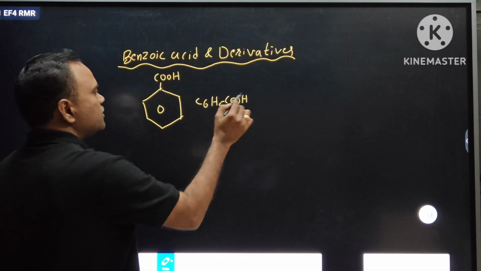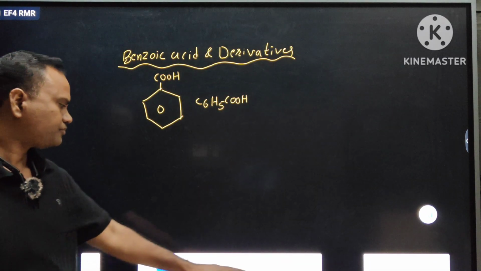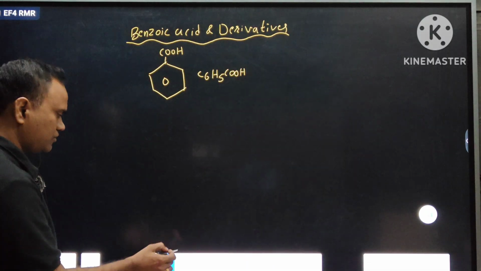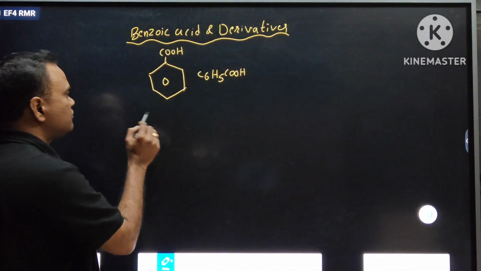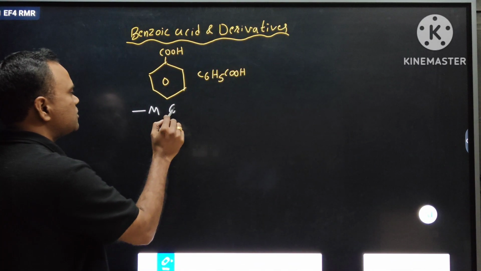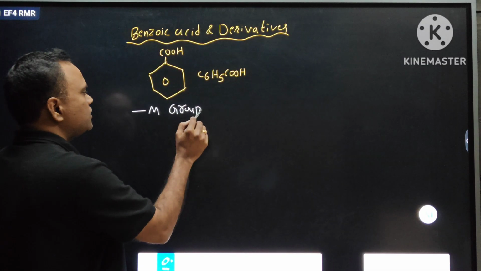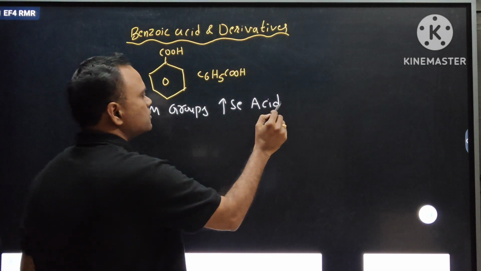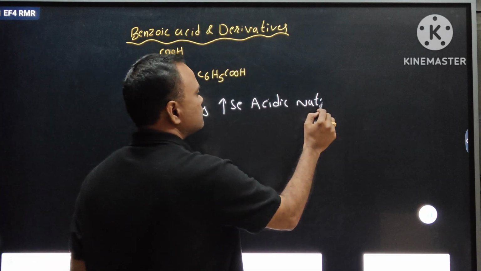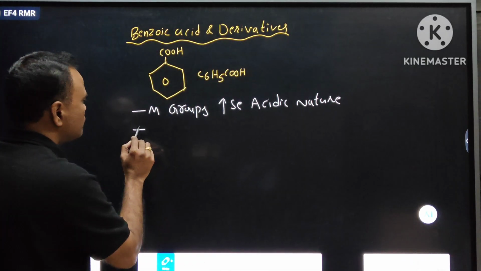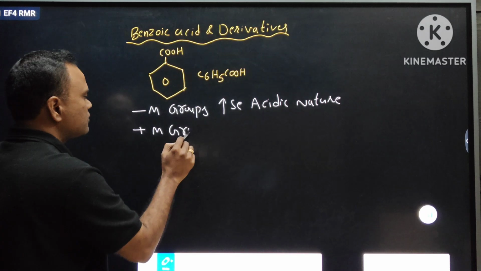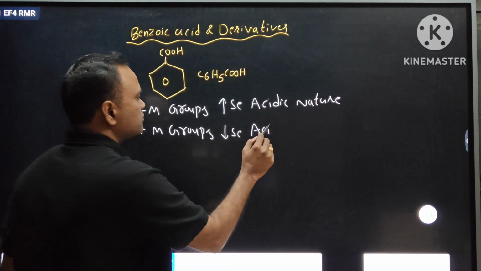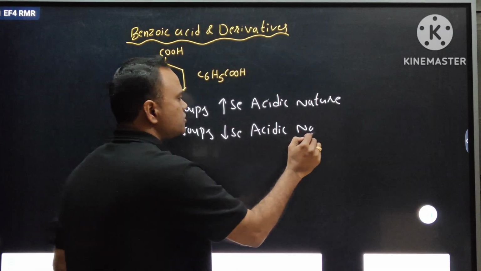C6H5COOH, benzoic acid. Write one statement: minus M groups increase acidic nature. Plus M groups decrease acidic nature.